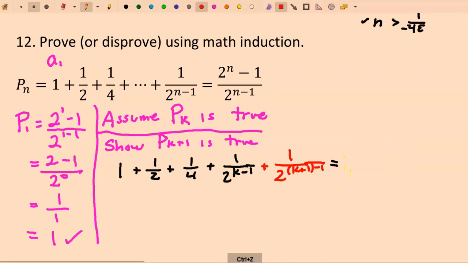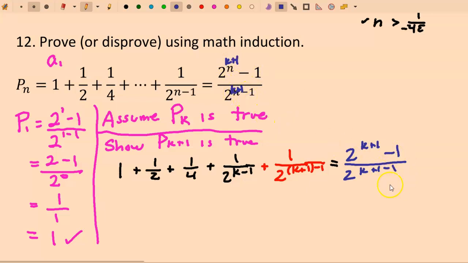So I'm just taking k plus 1 and plugging it into each one of these. Be careful to note what's actually in the exponent and what's not. So this minus 1 is just a regular minus 1 constant. It's not in the exponent, while at the bottom it is.